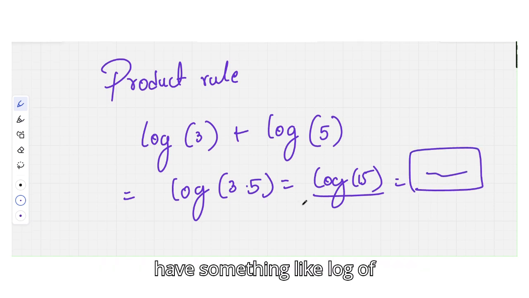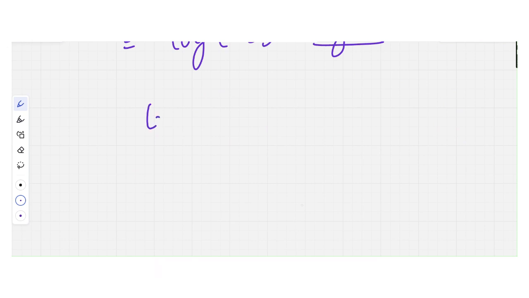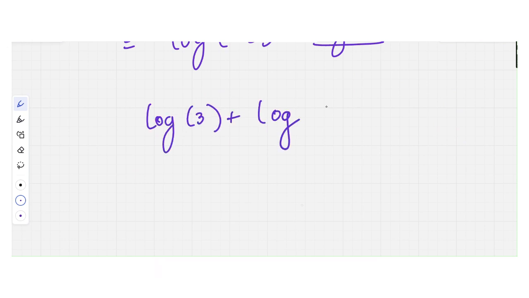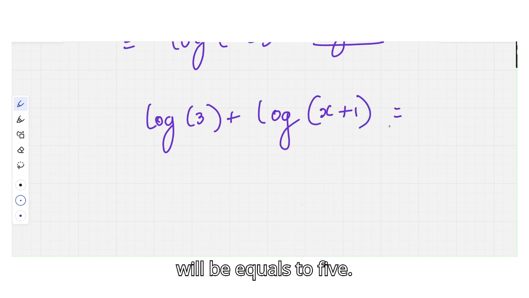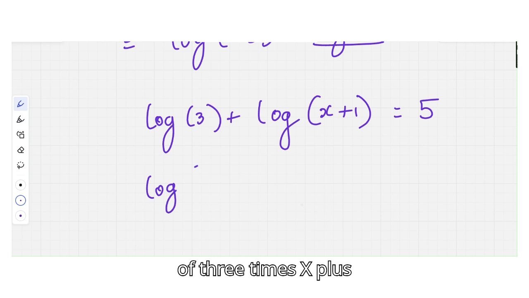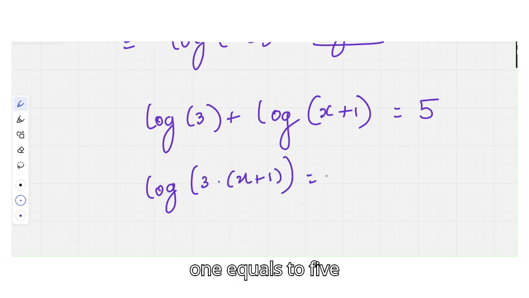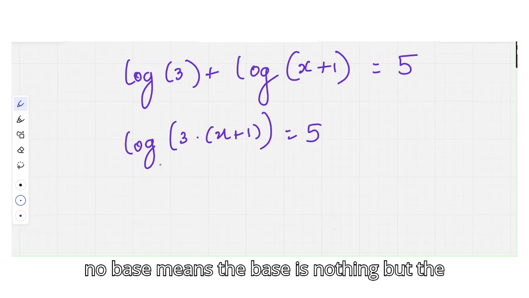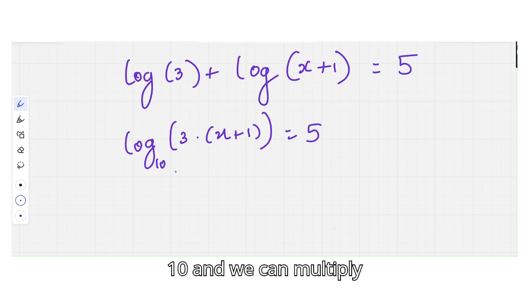Suppose you have log of 3 plus log of x plus 1 equals 5. At this point, you can rewrite them as log of 3 times x plus 1 equals 5. And you know, there is no base, which means the base is 10.